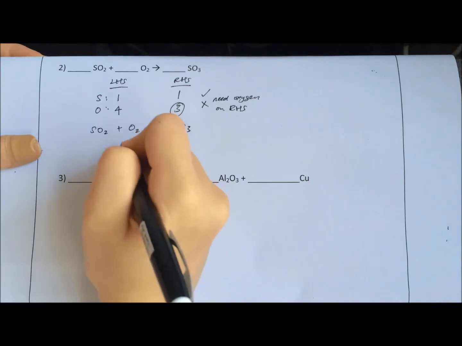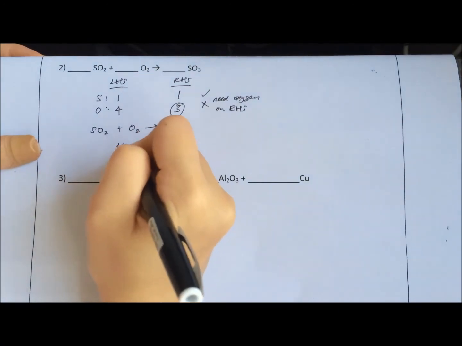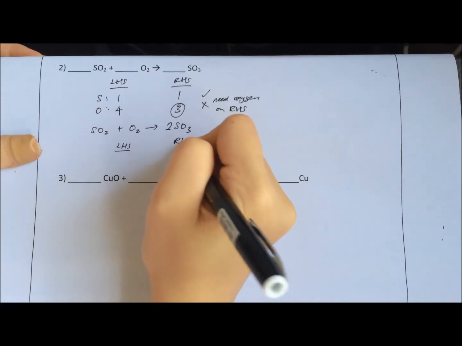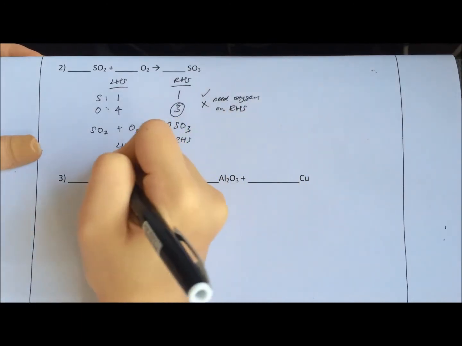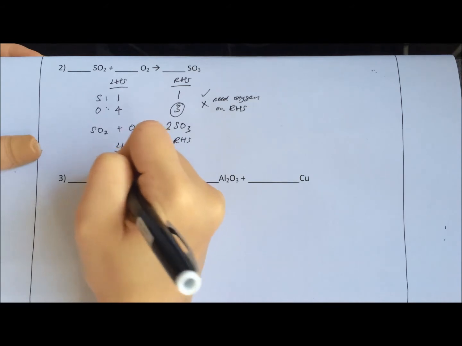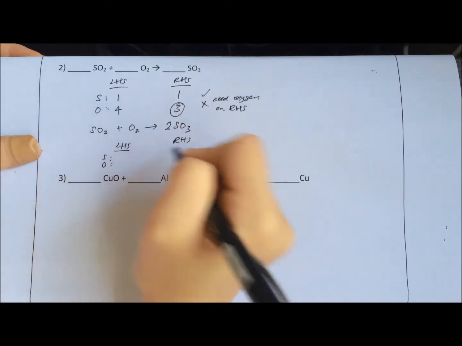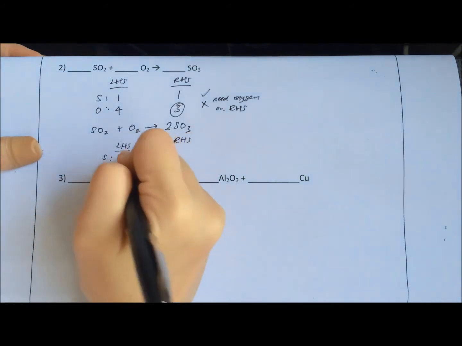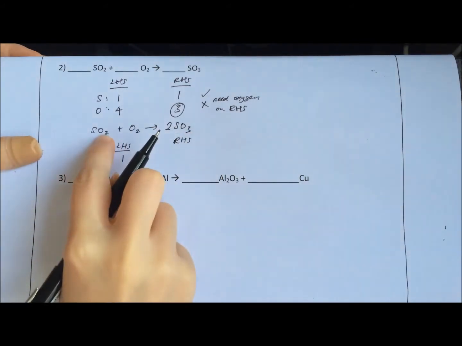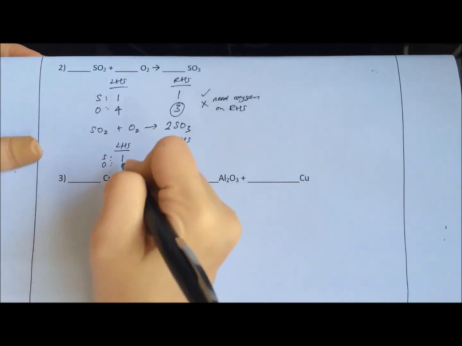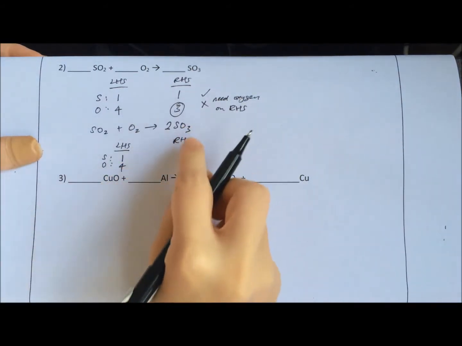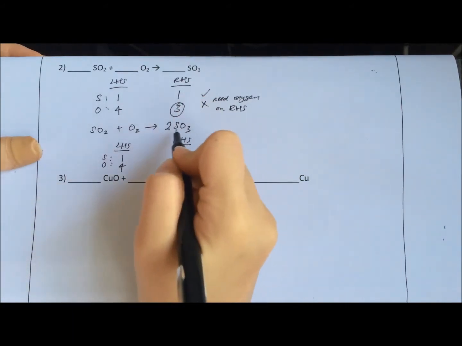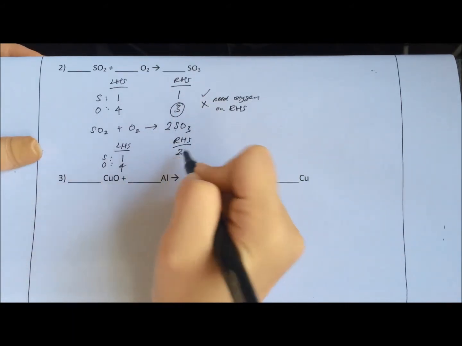So here is where you can write left hand side and right hand side one more time. So S and O stand for sulfur and oxygen. So left hand side no change, 1 sulfur, oxygen 2 plus 2, 4. Right hand side now, if you look at sulfur, there's a number in front which is 2, so 2 sulfur.